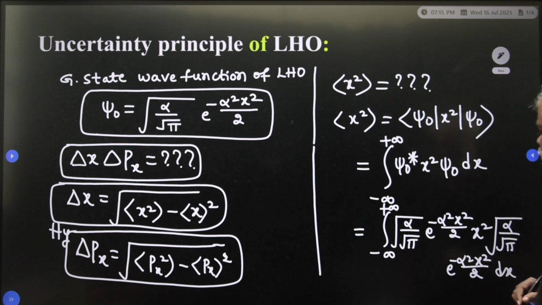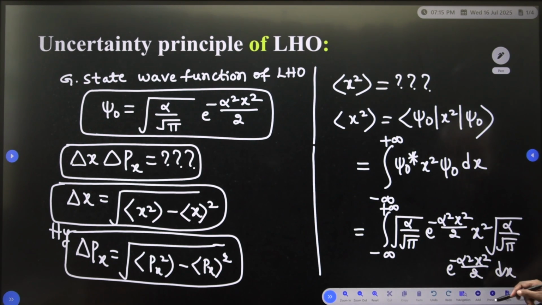This is the substitution we have to do. Based on this, root alpha by root pi and root alpha by root pi, the roots cancel.